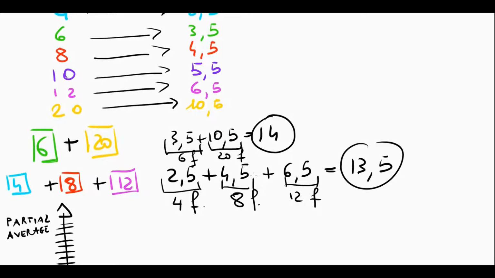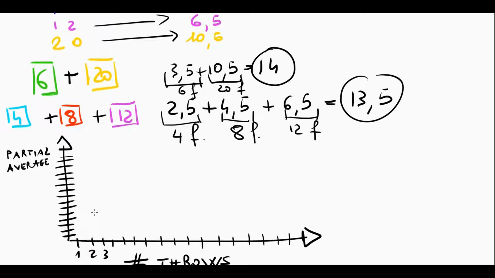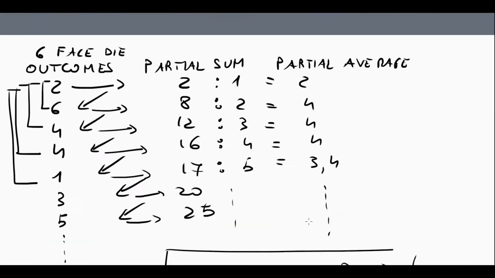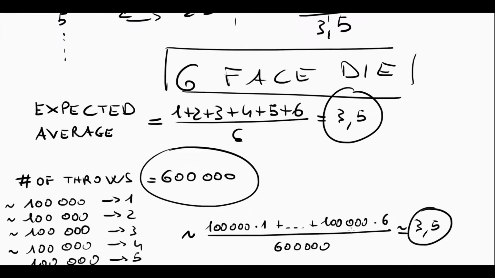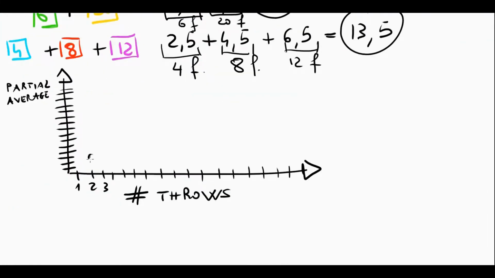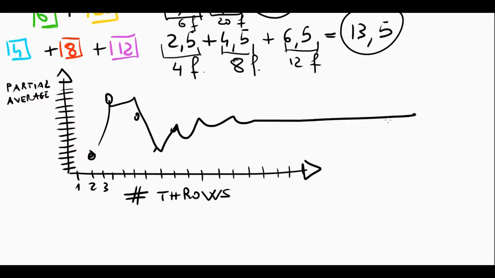So according to the number of dice and to the different kind of dice, we will obtain a different partial average, or saying it better, the partial average will converge to a different number. For example, here the expected average is 3.5, so after some throws we expect to obtain something that converges to 3.5.